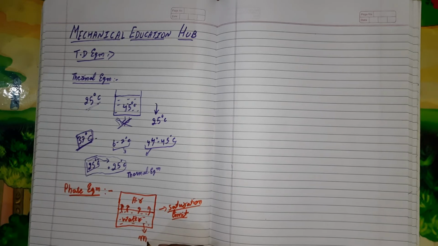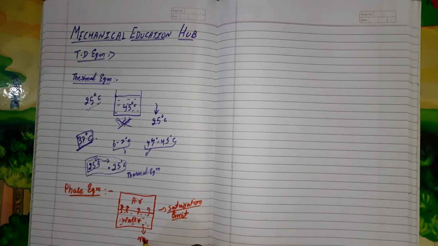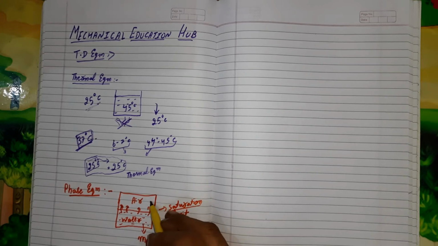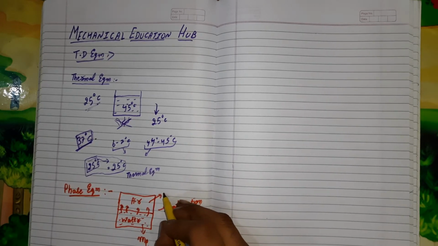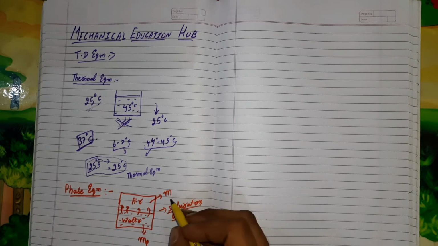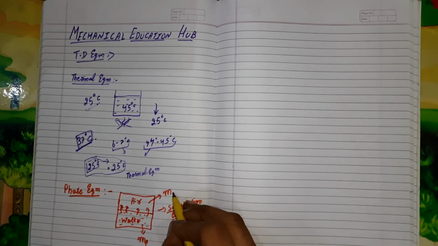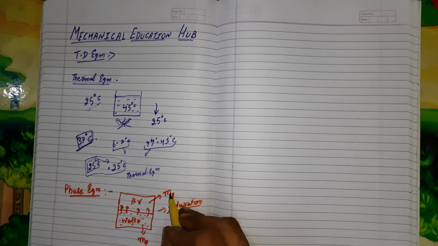Let's consider this to be ml, mass of liquid, and we have a fixed mass of air. We have a fixed mass of water vapor. Let's consider it to be mg, mass of water vapor or gaseous form.